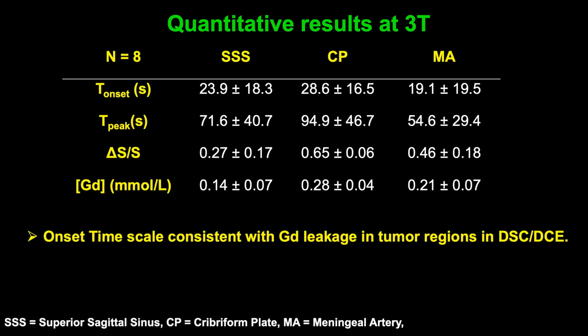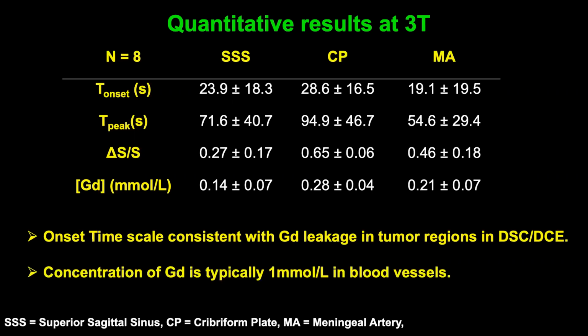And our estimated GAD concentration is in a reasonable range, as concentration of GAD in blood vessels is typically 1 millimole per liter. And we are still looking for more explanation of these curve parameters.